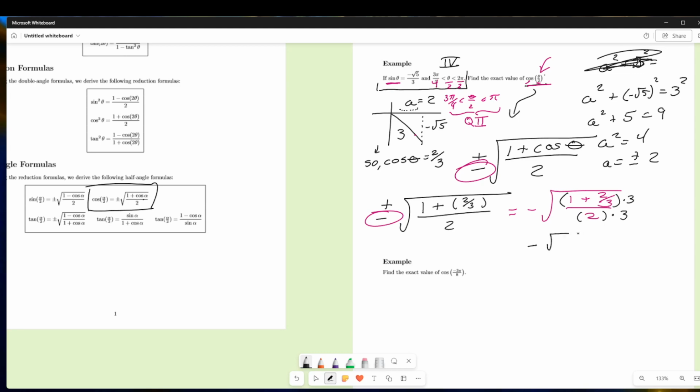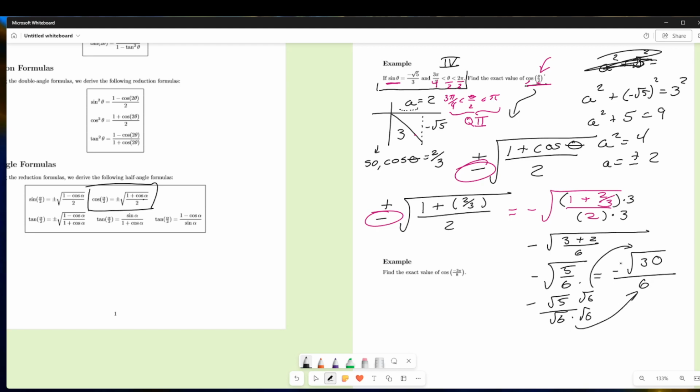So that's going to give us negative the square root of 3 plus 2 over 6, or the square root of 5/6. And if we're going to rationalize that, which is a good habit, it's going to be the square root of 30 over 6 when rationalized. You turn this into the square root of 5 over the square root of 6. Multiply by the square root of 6 over the square root of 6. So those go away. That turns into 30.